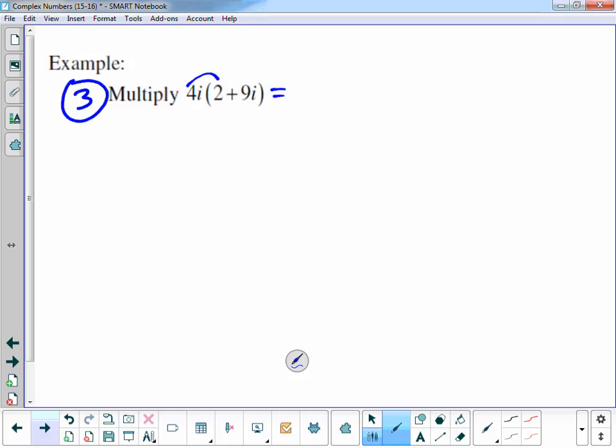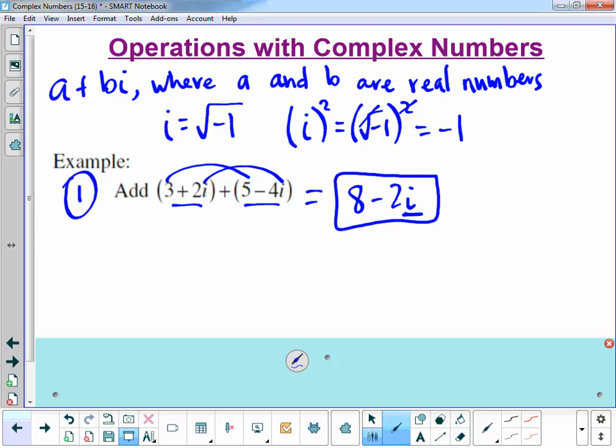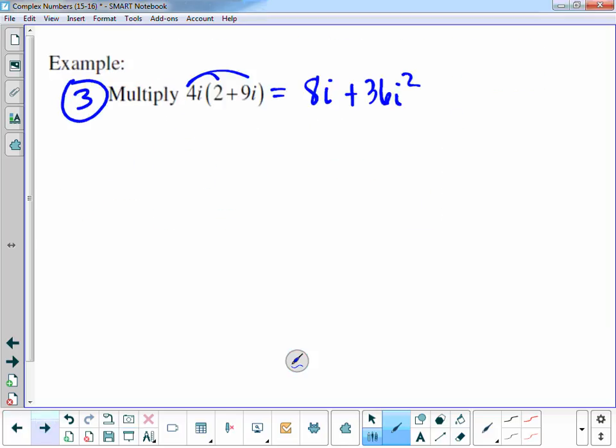So 4i times 2 is just 8i, and then 4i times a positive 9i gives us plus 36i squared. And let's review what I told you just a few minutes ago. i squared is always going to simplify to be negative 1. So then this will be 8i plus 36 times negative 1. So that's really just going to turn into negative 36. And we're going to put that first, and then the plus 8i at the end.